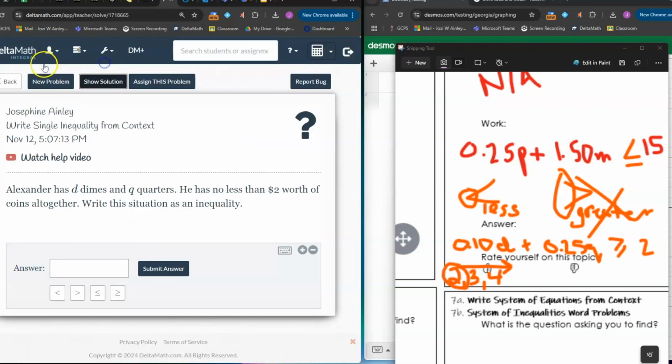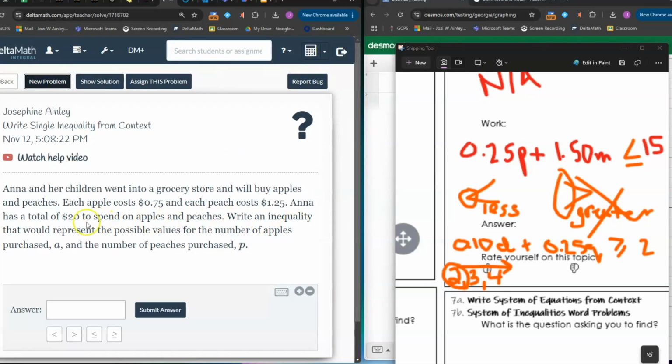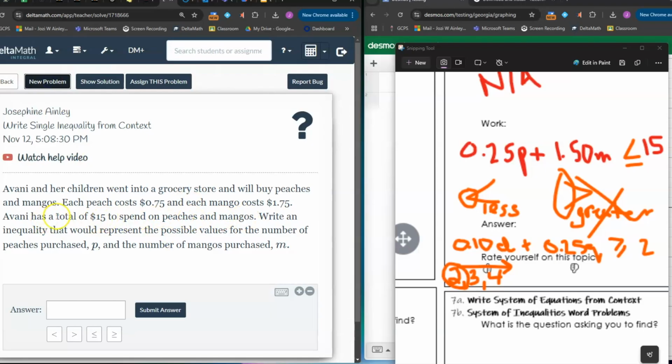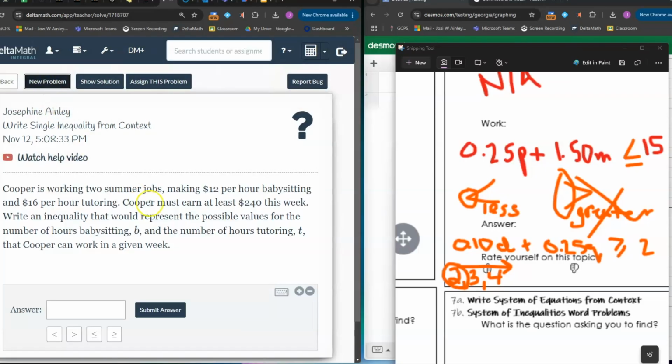All right. So I'm just going to do maybe just a couple more. Where's my keyword? Total, we've already done. Next. Minimum, we've already done. Total, we already did. At least, okay. I have at least $240 in my bank account.